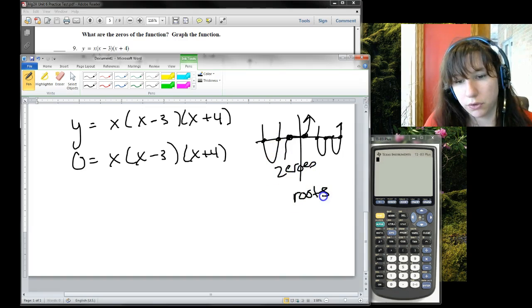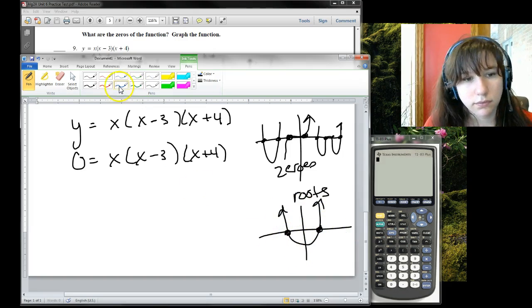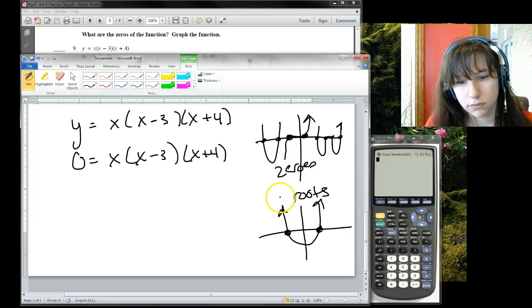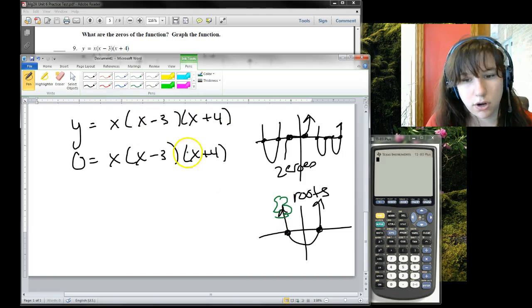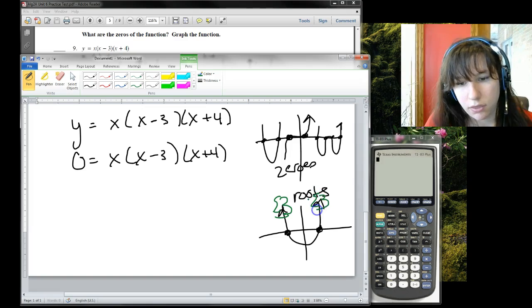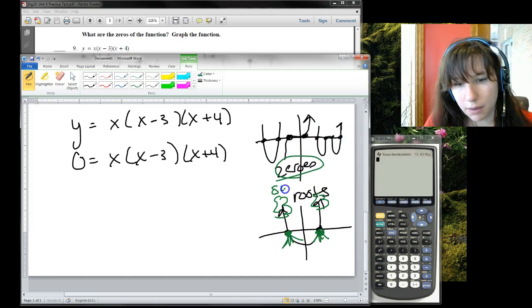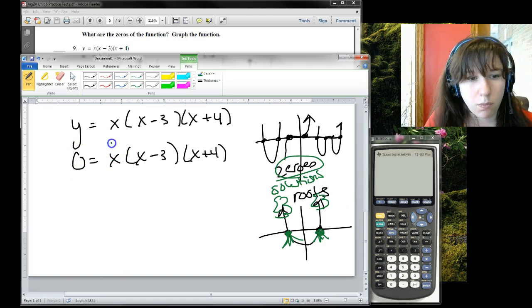Sometimes they're called the roots, and I kind of think of it as, well, if I'm graphing, these would be the trees, and this is where it's rooted to the ground. So sometimes they're called the roots, sometimes the zeros, sometimes the solutions, but it's just a bunch of fancy words for what is x when y is 0.